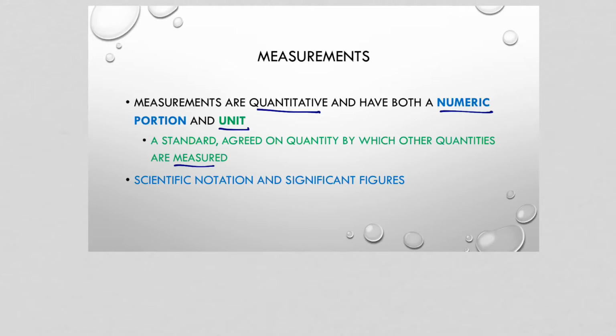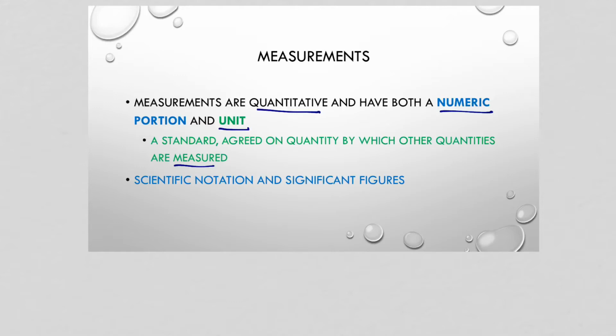If we're measuring something in inches, that gives us an idea of how many inches it is. That inch is our standard quantity that we're quantifying against. To have a valid measurement, it not only needs that numeric value, but it also needs the unit so that we know what we're comparing it to.